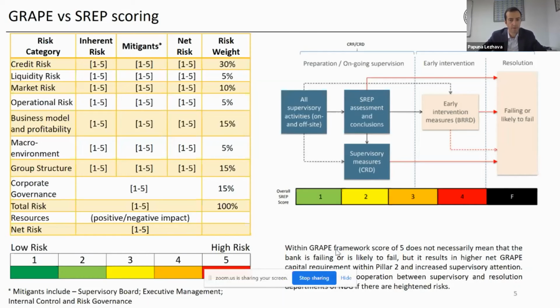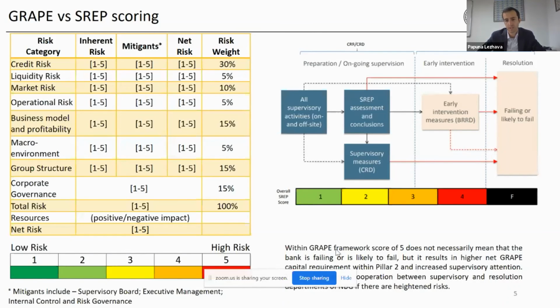Yes, so we don't have expert judgment in the GRAPE assessment, but if the corporate governance is really poor in the bank, it's not only 15%, because part of the mitigants that we see in each risk will also be rated very low.